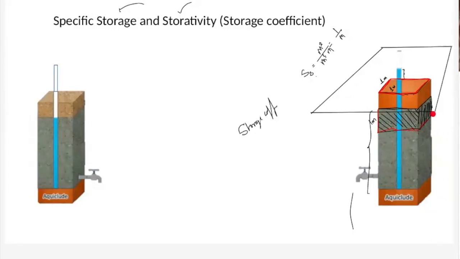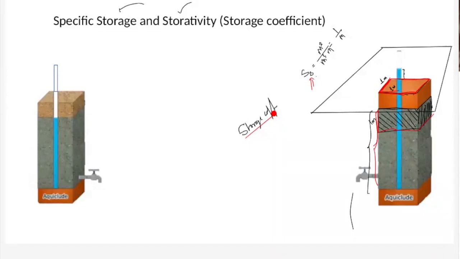From that unit, whatever water is released from that unit volume will be my specific storage. And whatever water is released from this whole aquifer below this unit area, whole aquifer, that is your storage coefficient. Is this now making sense?